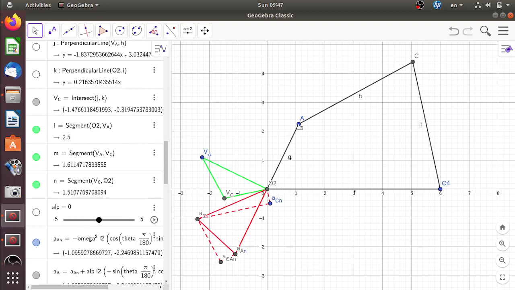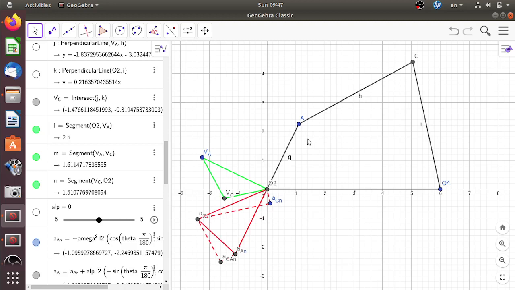Therefore, if I consider the acceleration of this point A, I will have two terms. One term is the normal component, another term is the tangential component. The normal component is always there, irrespective of whether the angular acceleration is there or not.